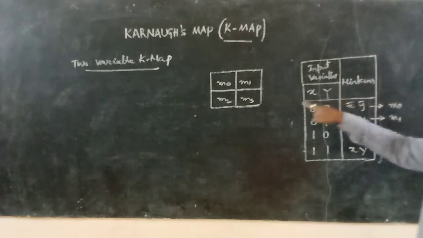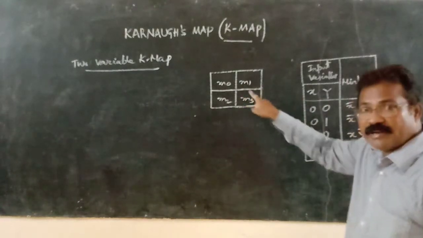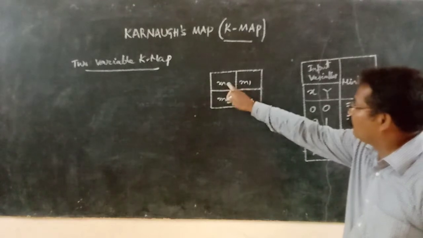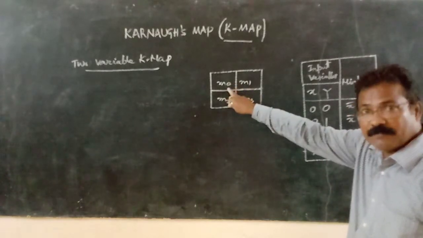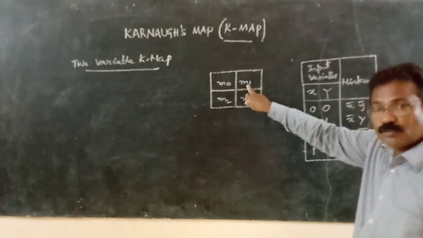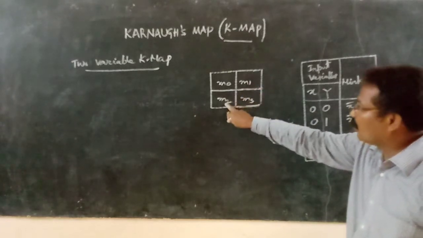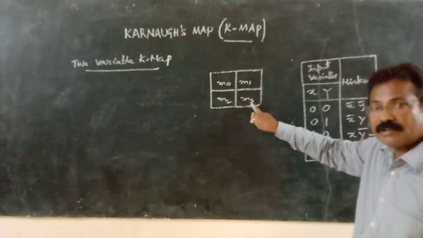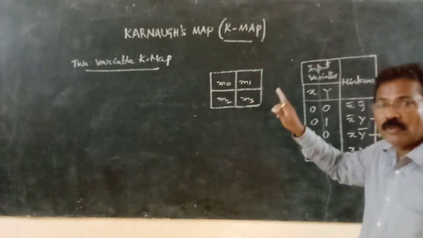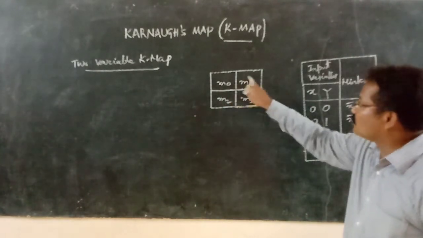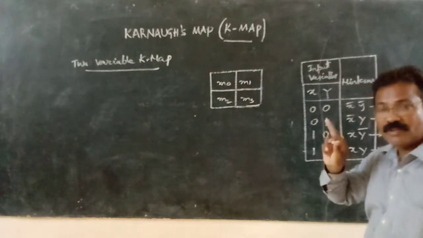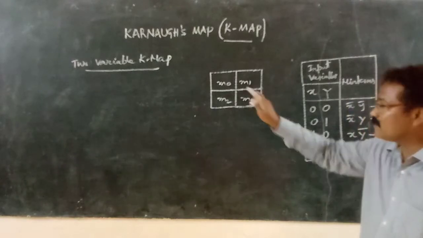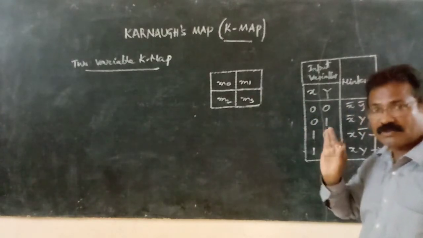These min-terms are specified in the K-map in this format. First min-term should be specified here, second here, third here, and fourth here. This is the format of the 2 variable K-map, and it consists of 4 cells, 4 squares, and each square specifies a min-term or max-term.